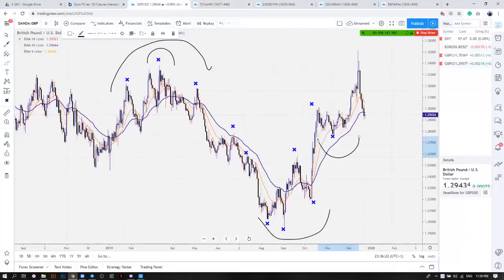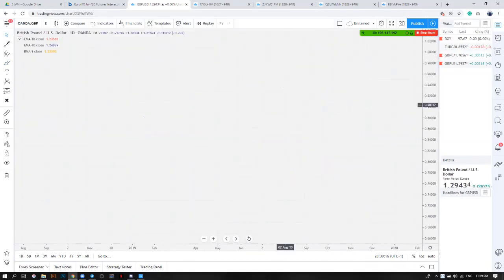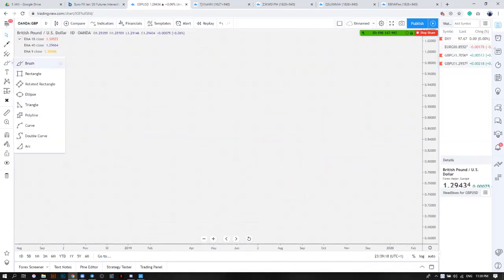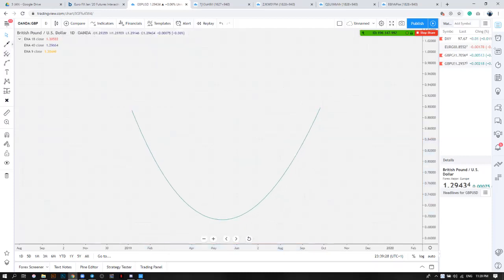So now let me give you an example. Let's do a crude example, okay? Let's bring out the curve. Perfect. Okay, cool.